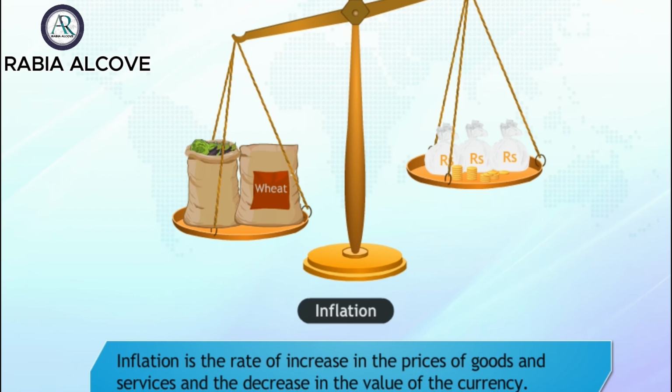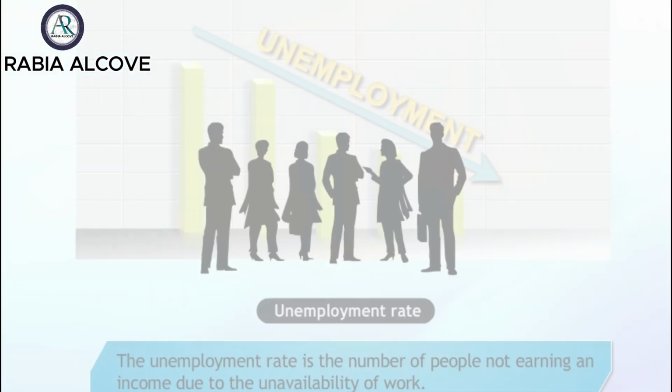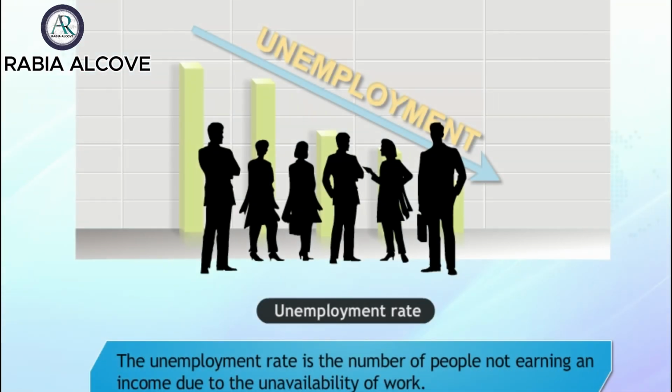Pakistan's inflation rate is about 4% per year. The unemployment rate is the number of people not earning an income due to the unavailability of work. A high unemployment rate indicates that a large number of people cannot access the basic goods and services required for a good quality of life.